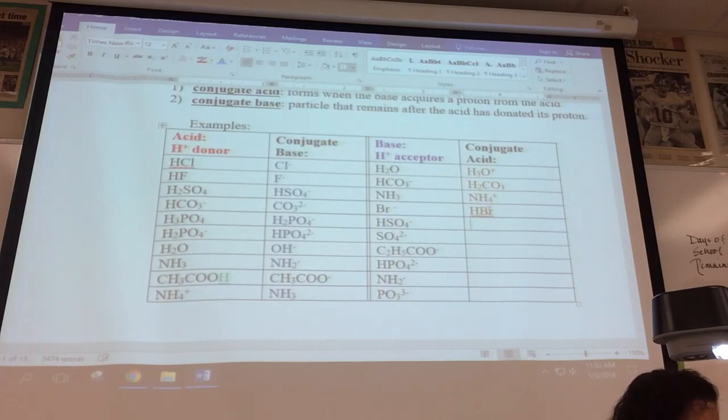Hydrogen sulfate ion would form, this would be sulfuric acid, and again, you're going to learn how to name these in a couple days. What about sulfate ion? What does that form? All right, keep going. See if you can do the rest.